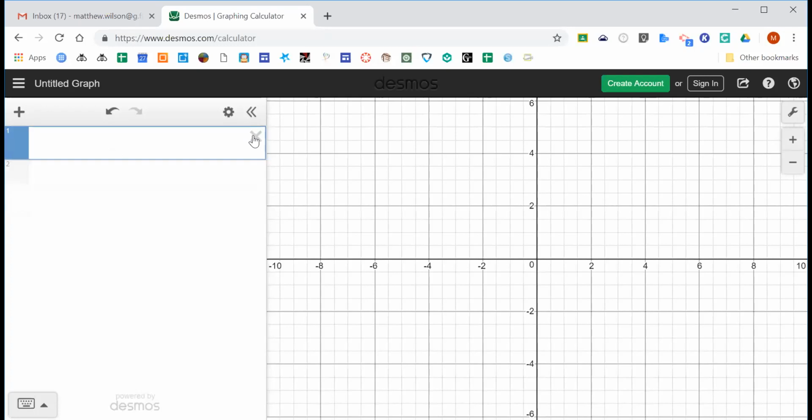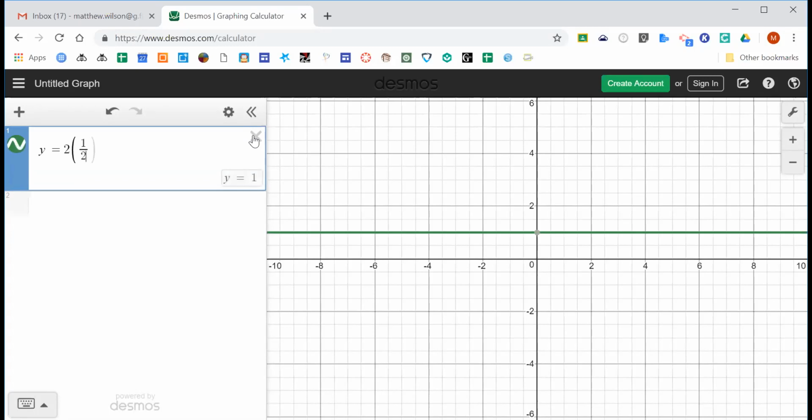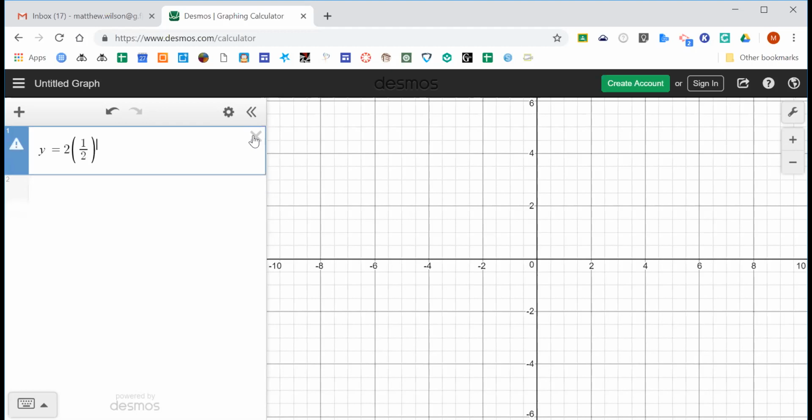Go to Desmos, go to y equal, and then we'll type in 2, and then shift 9, and then 1/2, or you can use 5/10, arrow over, close it, shift 6, takes me to the exponent, and there's your graph. Same one that we saw in the graphing calculator.